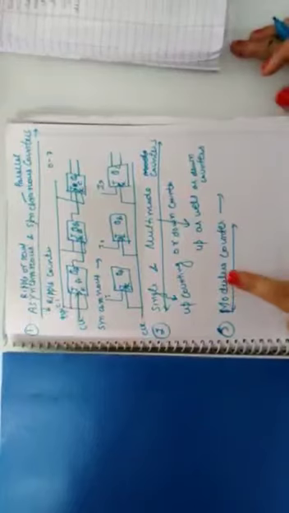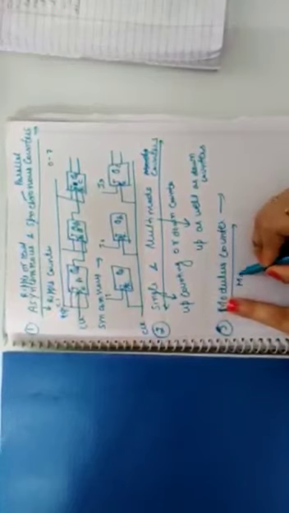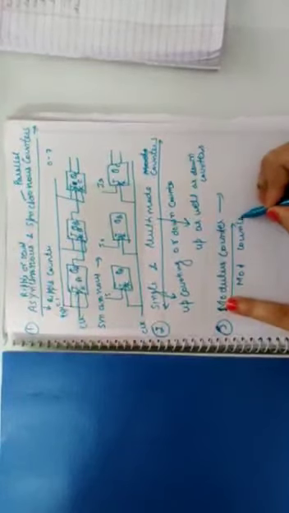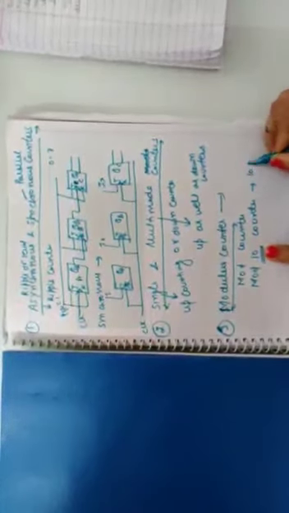There is always some number associated with this modulus. In short, we call them mod counters. If we associate a particular number, like a mod 10 counter, this number shows that the counter is able to count only 10 pulses. It cannot count more than 10 pulses, and the count will be from 0 to 9.